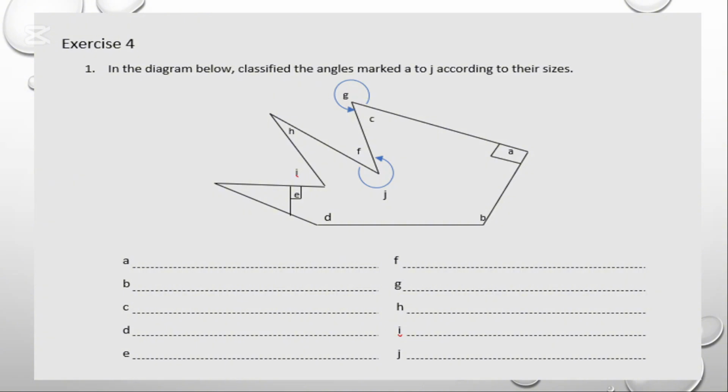G, it is the external angle of C. So this will be our reflex angle. H, where's H? Over there. And that will be an acute angle. I, right there, acute angle. And lastly, J is the external of F, and it is our reflex angle.